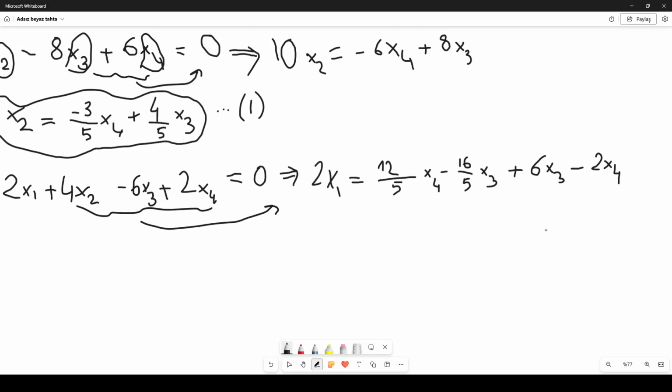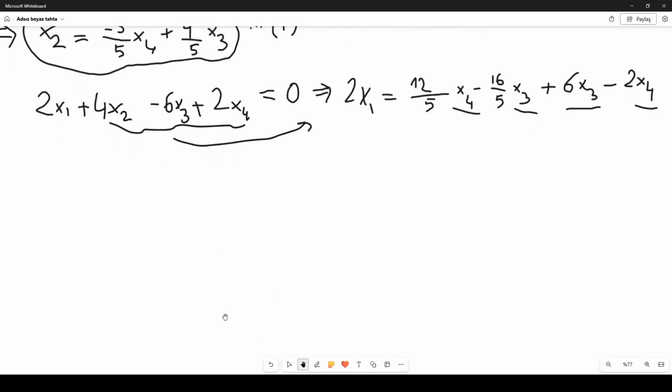Now we have x3s here and x4s over here, so I put them together, because I need to write them as an algebraic sum of x3 and x4. I bring x3 and x4 together by simply adding their corresponding coefficients.